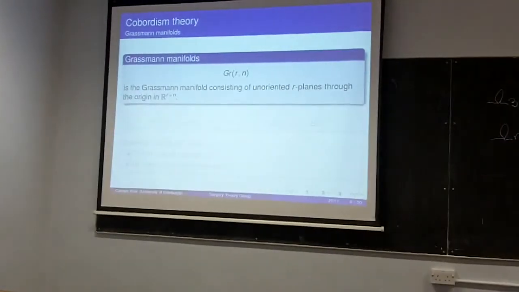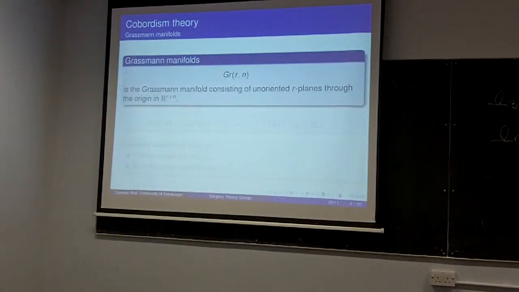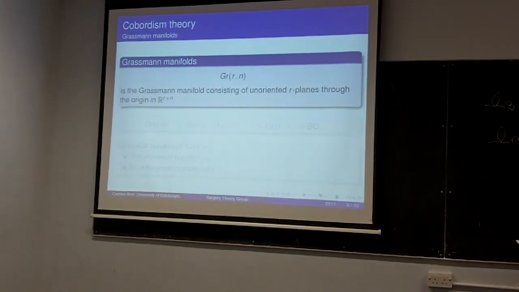And here I'm going to repeat a little bit from Patrick's lecture from the other day. So we're going to have Grassmann manifolds revisited. Here's the definition that Patrick explained the other day.